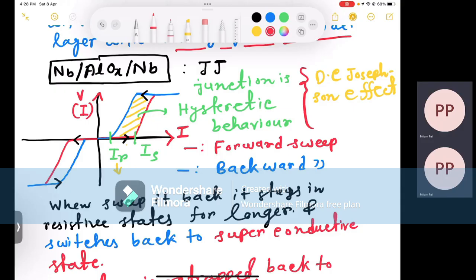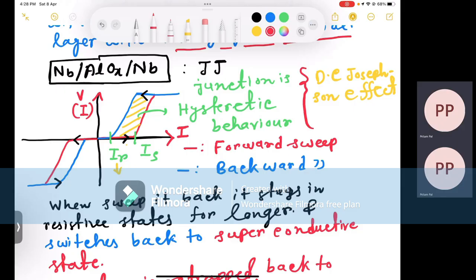So you can see here, when we are sweeping our bias in the forward direction, the path the IV characteristics follows is not the same path followed when we sweep it back. So it's clear that there is some hysteresis, right?